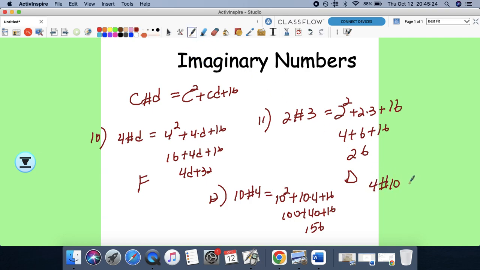So I have to do it again, which means it's 4 squared plus 4 times 10 plus 16. 16 plus 40 plus 16, 32 plus 40, 72. So now I subtract 156 minus 72, something that ends in a 4. There you go, 84. So it's G. So 12 is G.